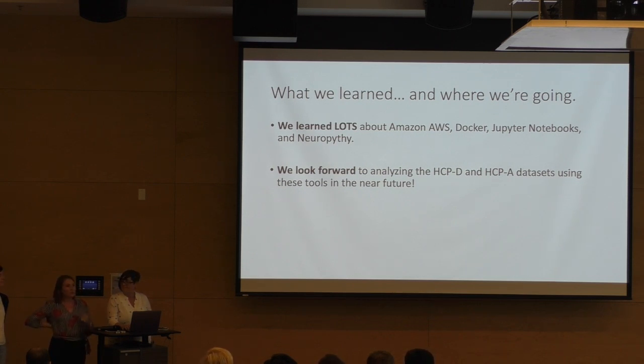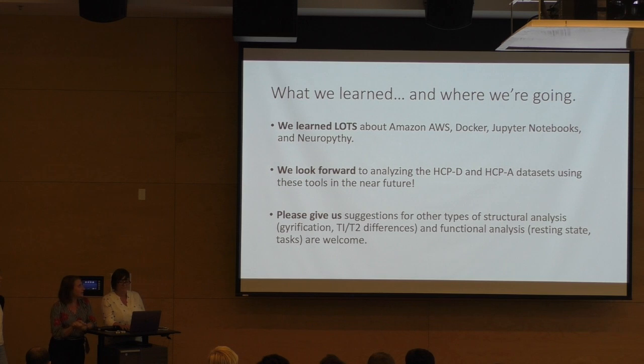We really look forward to hopefully soon, so the first release of the HCP lifespan data is out, but it's not currently on AWS. And so that will make life a lot easier. When it gets released on AWS, we look forward to working with the entire data set and doing more analysis.